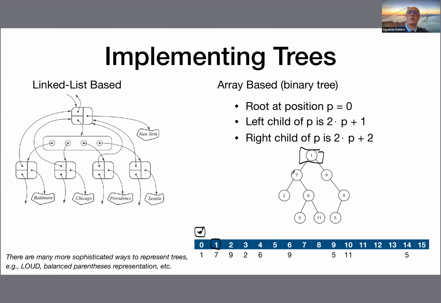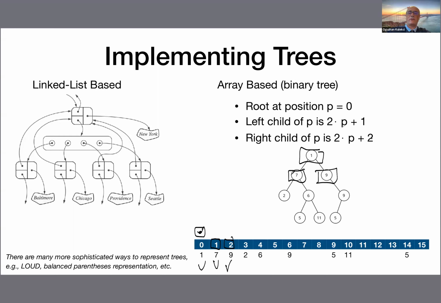So at this position, I will put the left child, okay, 7. And 2 times 0 plus 2 is equal to 2. So that is why I will put the right child at position 2. Okay, so this is the right child.